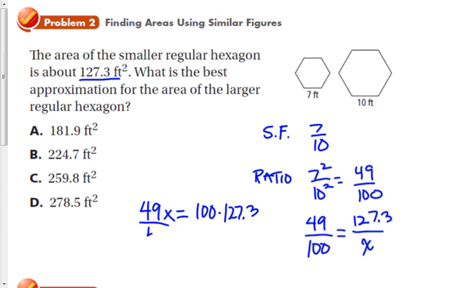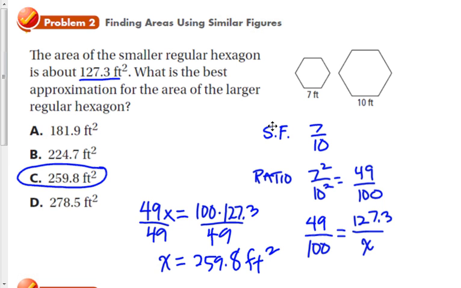And then we're just going to divide both sides by 49. And we get x is about 259.8 square feet. All right, you try that.